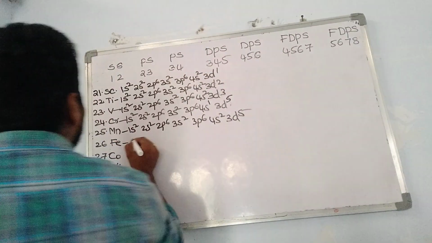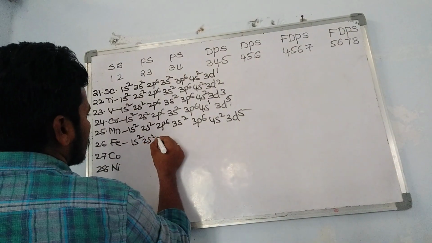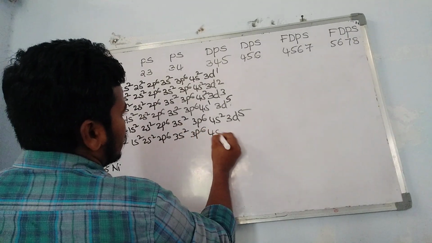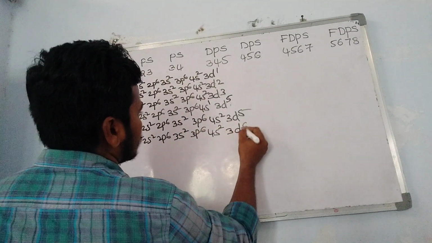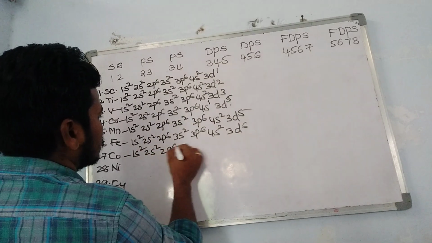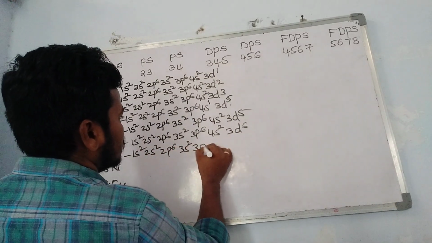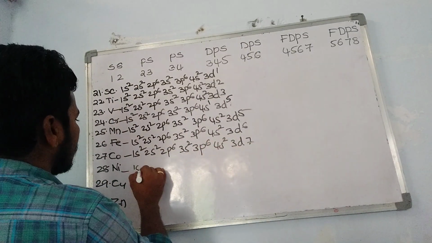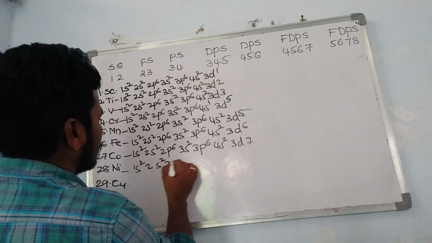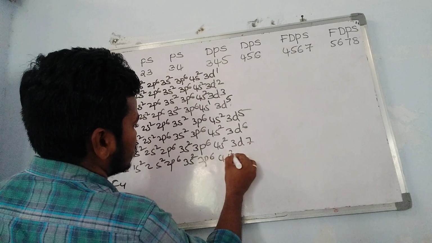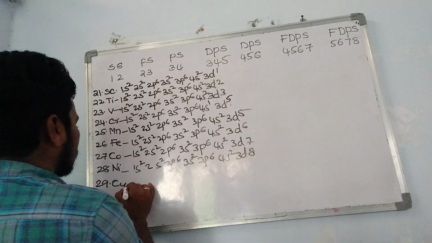Iron is 1s2, 2s2, 2p6, 3s2, 3p6, 4s2, 3d6. Cobalt is 1s2, 2s2, 2p6, 3s2, 3p6, 4s2, 3d7. Nickel is 1s2, 2s2, 2p6, 3s2, 3p6, 4s2, 3d8.